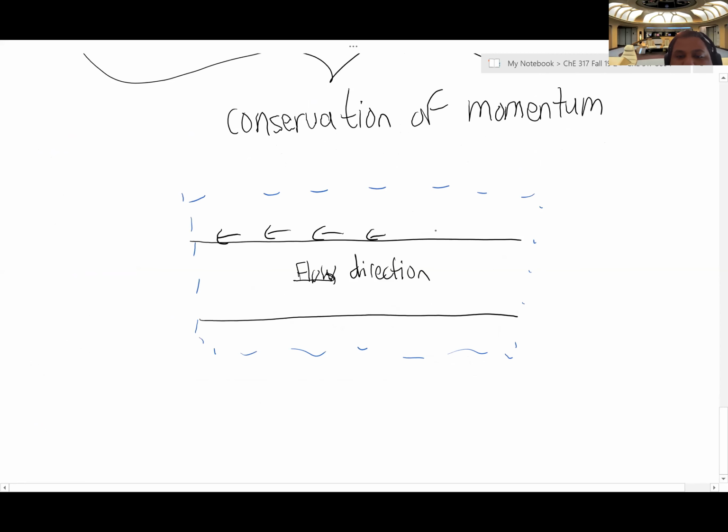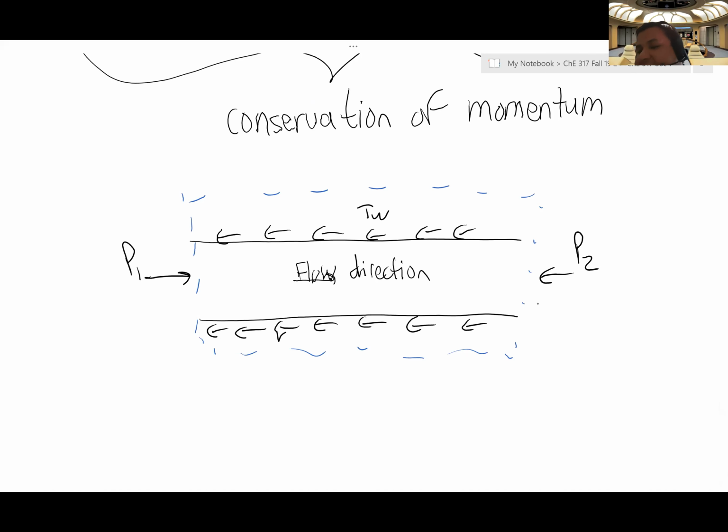I have shear stress, which is resisting the flow, which is primarily existing at the surface of the pipe or at that solid fluid interface. I have pressure being exerted on my system by the fluid just outside of my box. And I also have convective flow, mass in, mass out, because my fluid is flowing both into and out of my system.